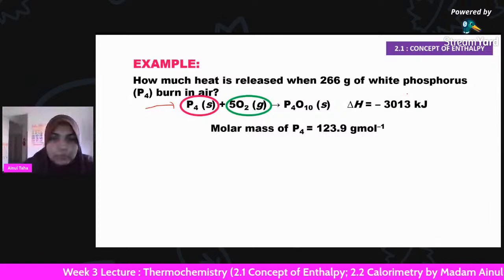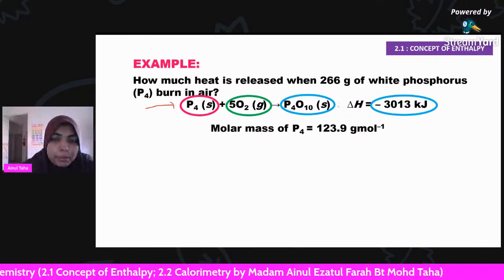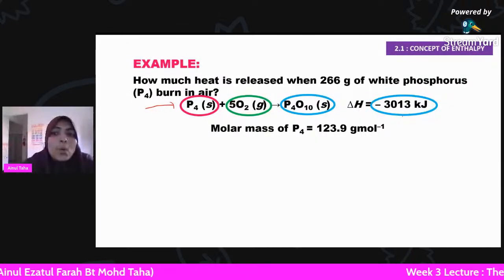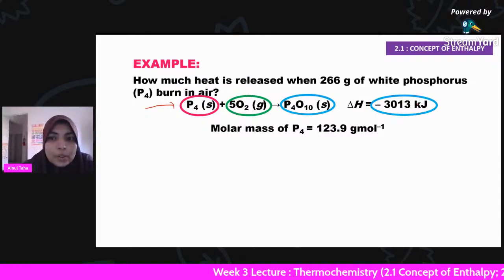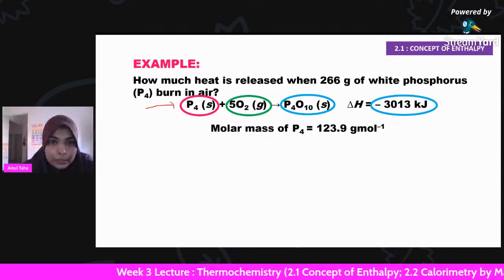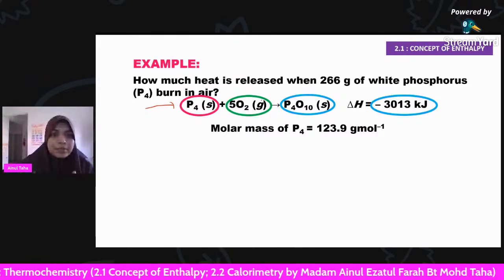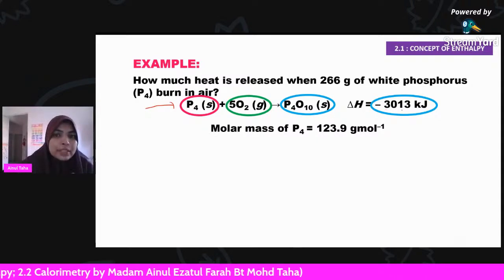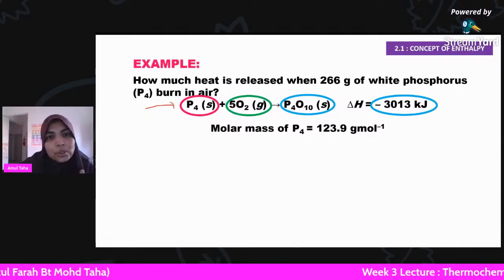At the same time, 1 mole of P4O10 is equivalent to negative 3013 kilojoule. So this is the relation that you can see. Every single species in the equation will have the same enthalpy change because it's referring to the same reaction.